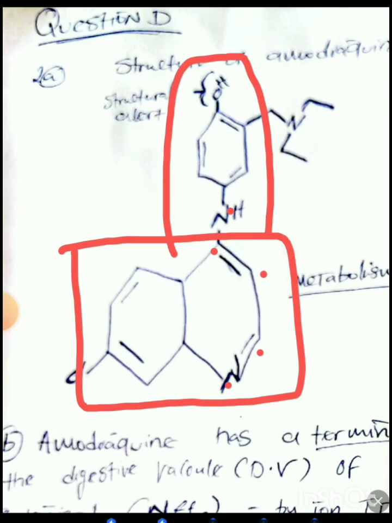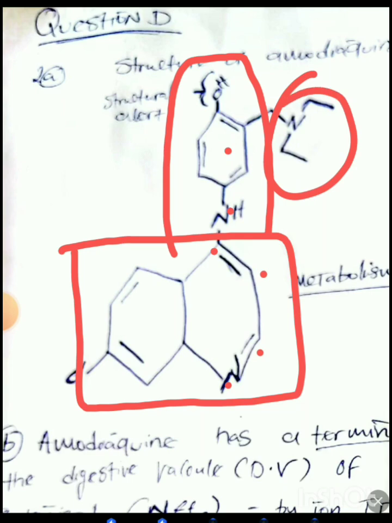So this 4-amino is attached to our linker. Our linker in this case is a benzene or a phenyl group, and we have our terminal amine here. So this is the amodiaquine structure.